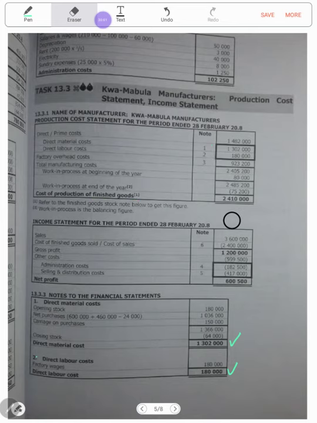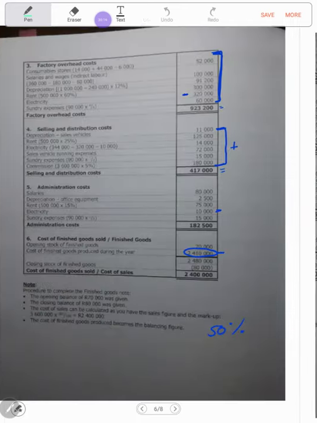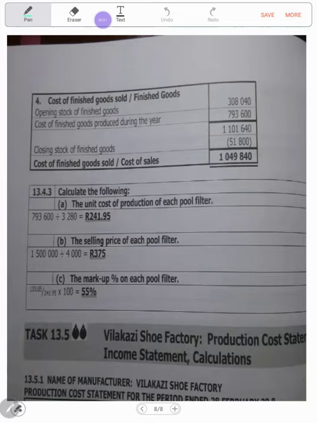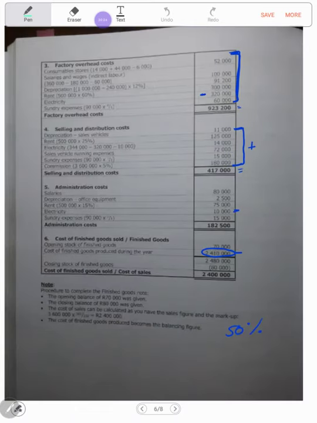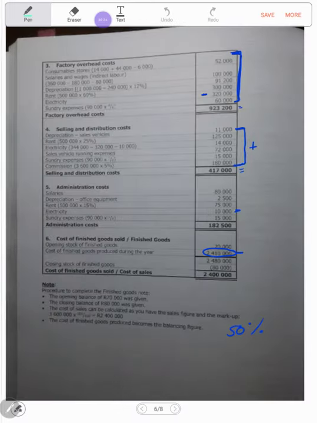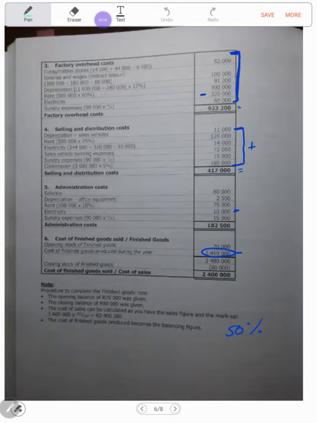Moving along to our income statement. Our sales amounted to 3,600,000. We've got that in the adjustments. And we worked out our cost of finished goods sold, or our cost of sales, to be 2,400,000, and we took that from note number 6, which is over here.